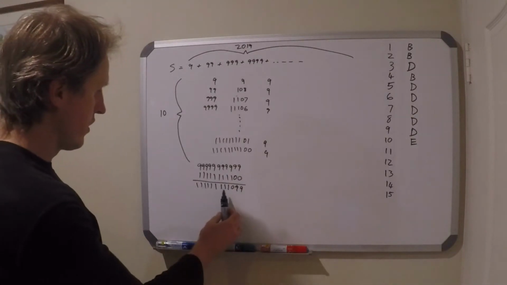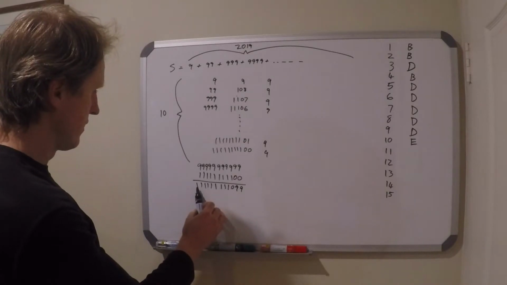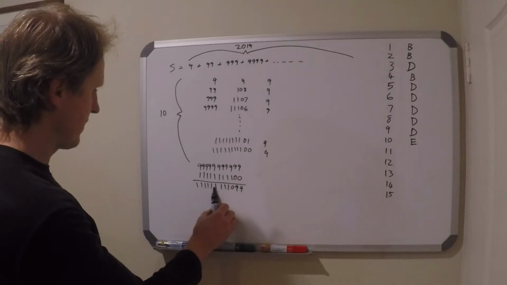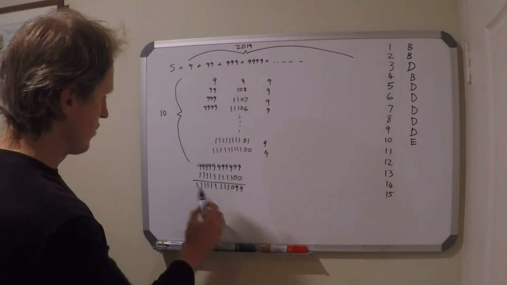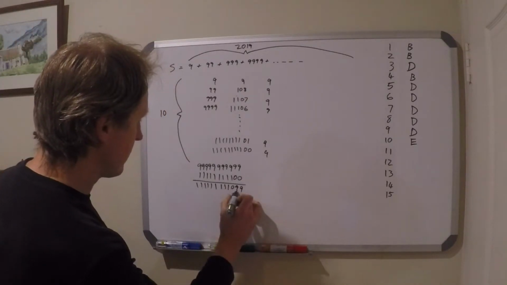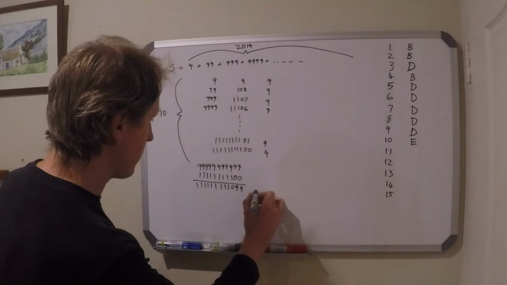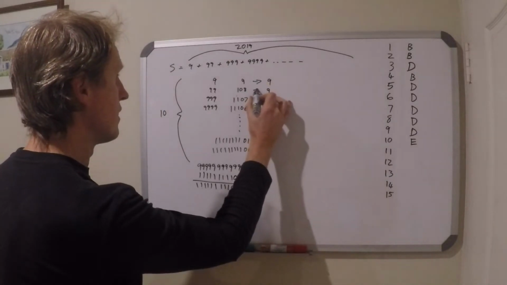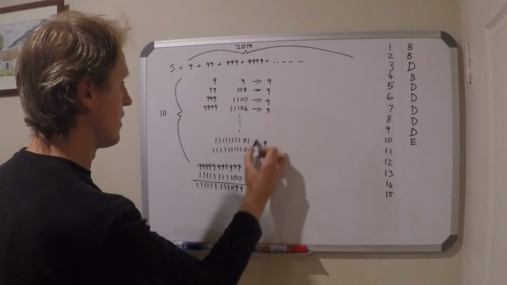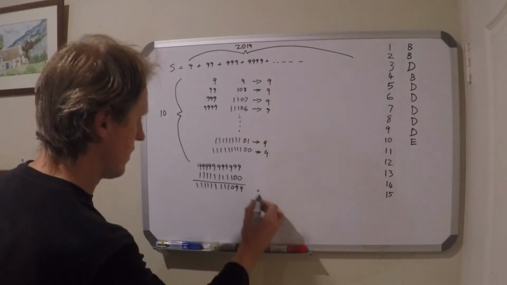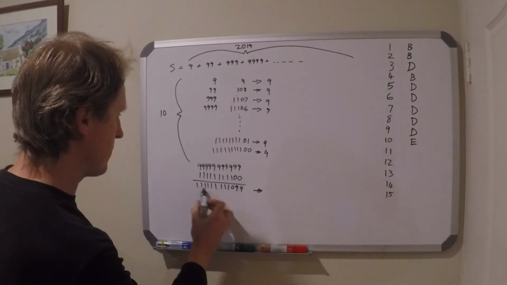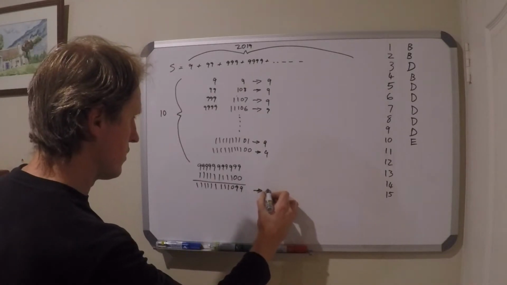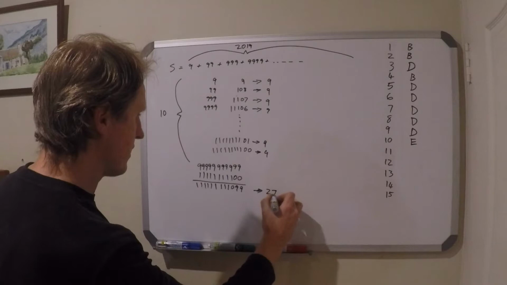Okay, so we've got 1, 2, 3, 4, 5, 6, 7, 8, 9. So we've got 9. The digits in this case are going to add up to 27.